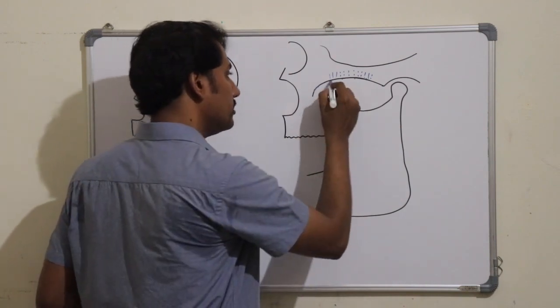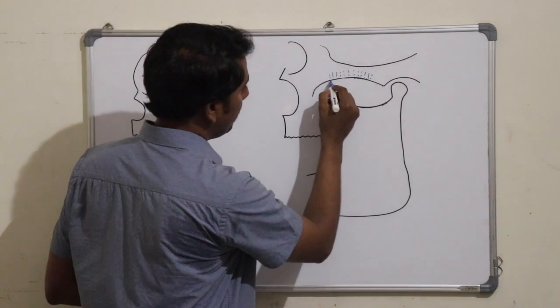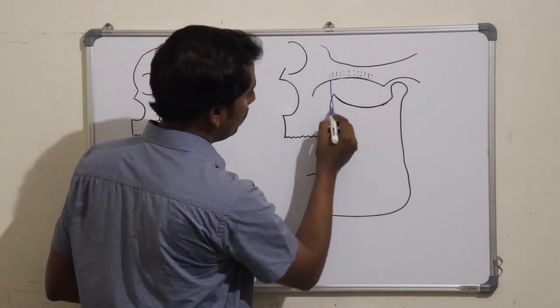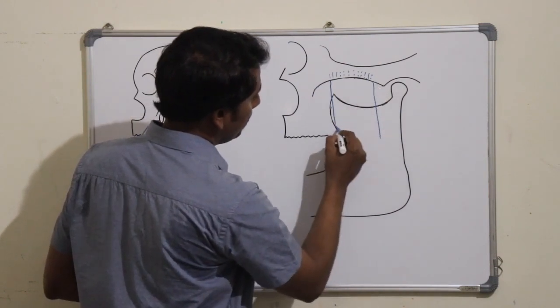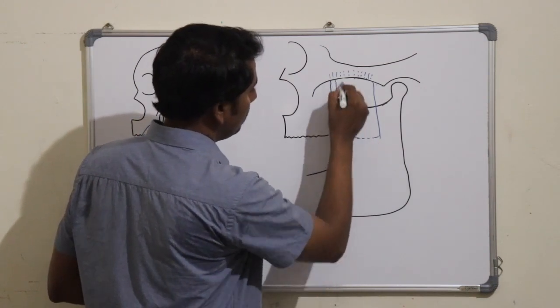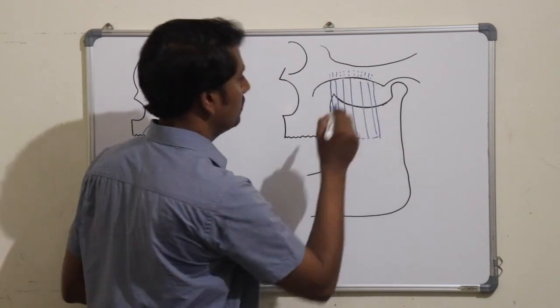So if you draw it, the deeper layer arises from the under surface of the zygomatic arch and passes vertically downwards to get attached to the coronoid process, lateral surface, and the upper part of the lateral surface of the ramus of the mandible. So this is the deeper layer of the masseter muscle.